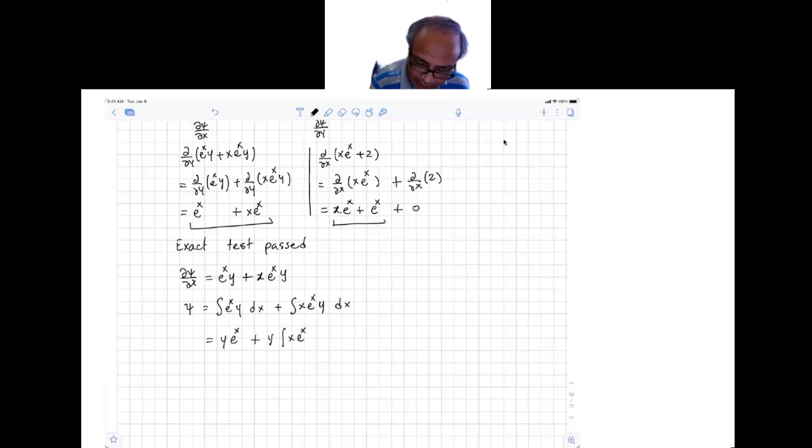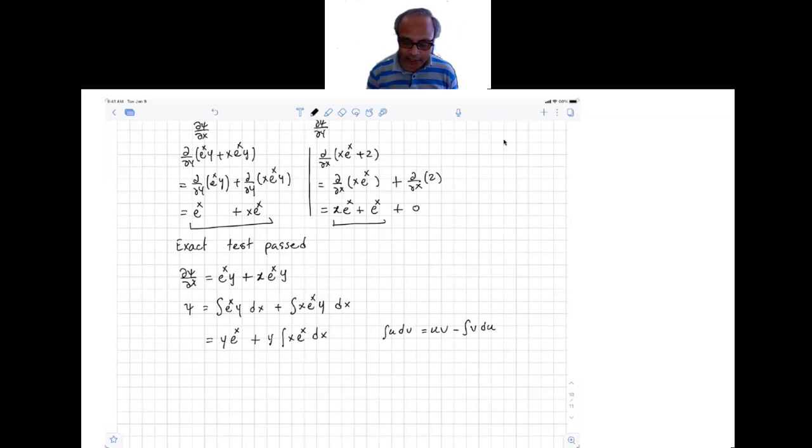e to the x. Okay, so this is a product. So you think of how you solve it: substitution, integration by parts, whatever you can think of. So I'm thinking to use integration by parts: u dv equals uv minus integral of v du.